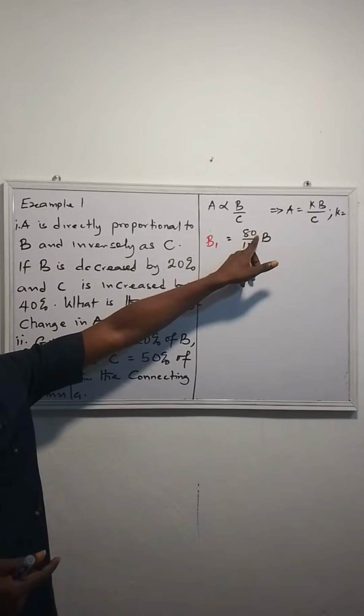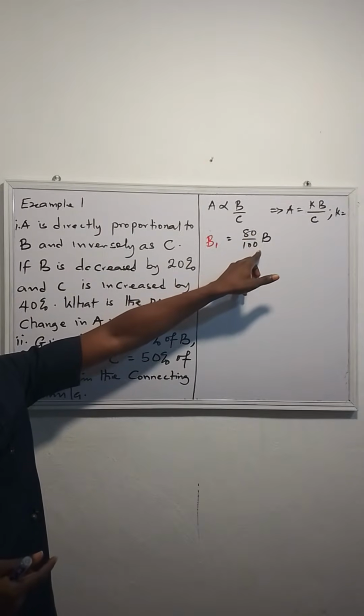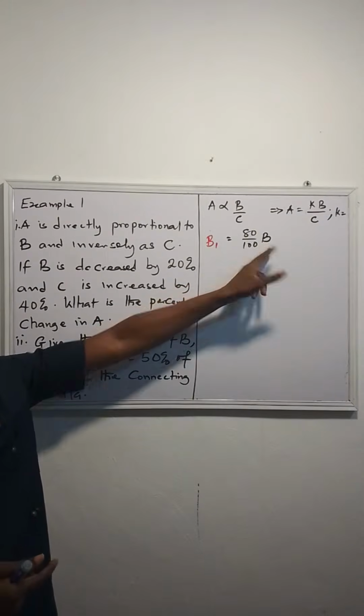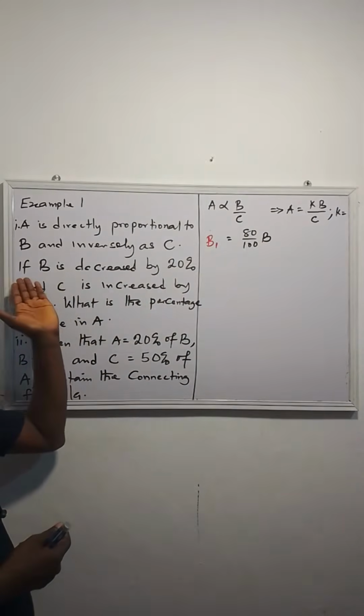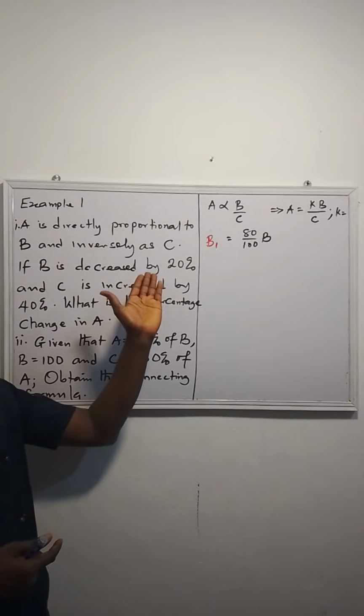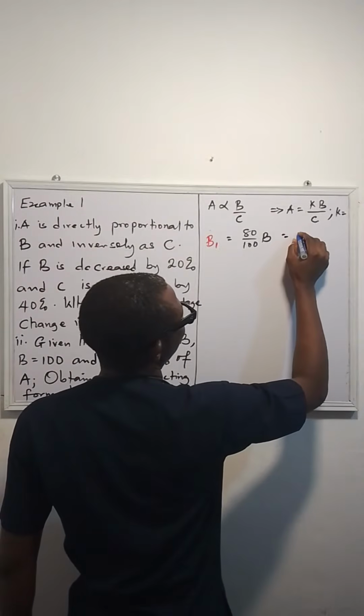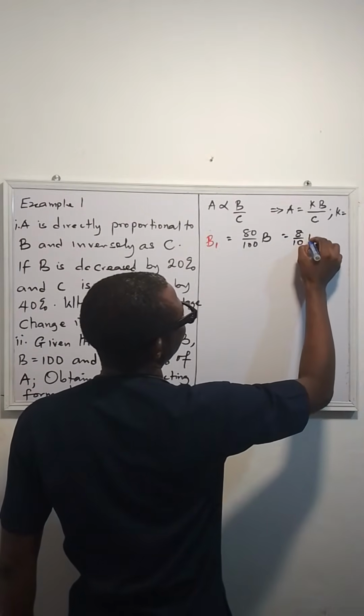What you score is now 80 over 100. So 80 over 100 of B is equivalent to the statement B is decreased by 20%. We can simplify this, and it gives us 8 over 10 B.